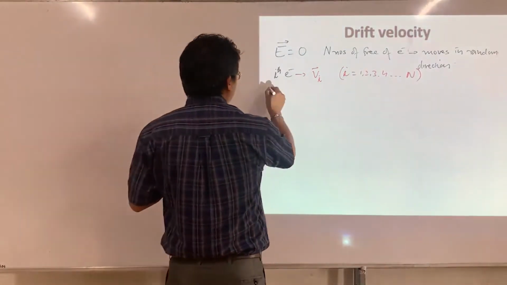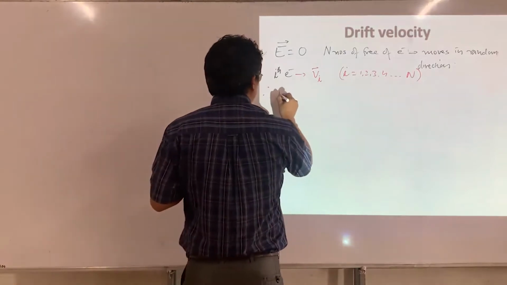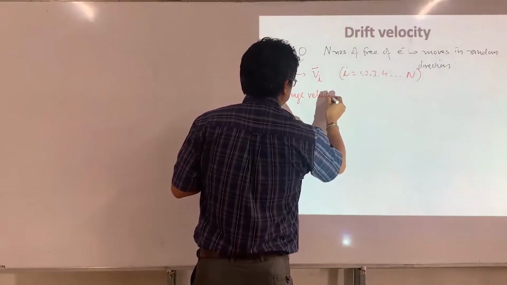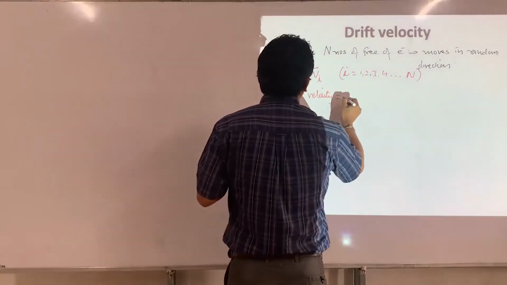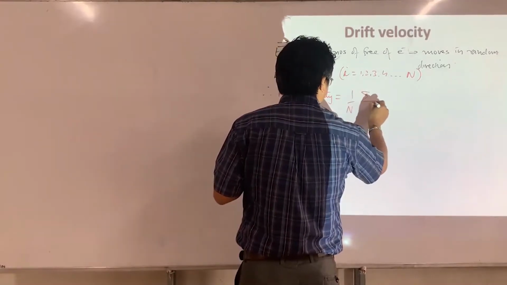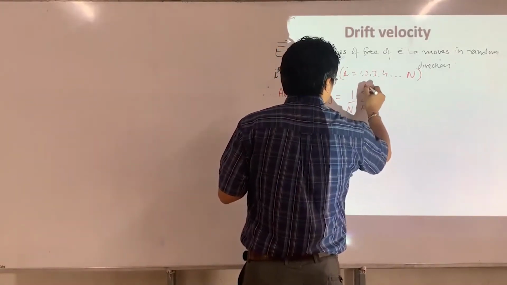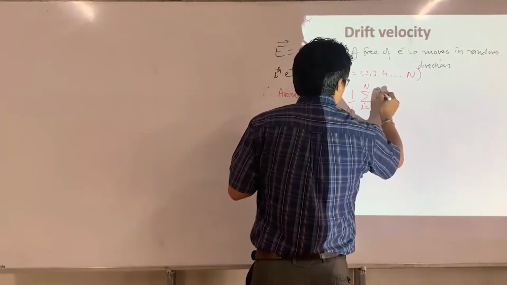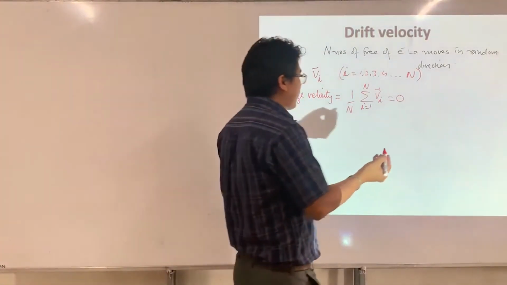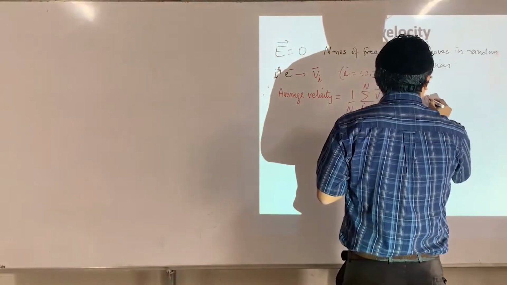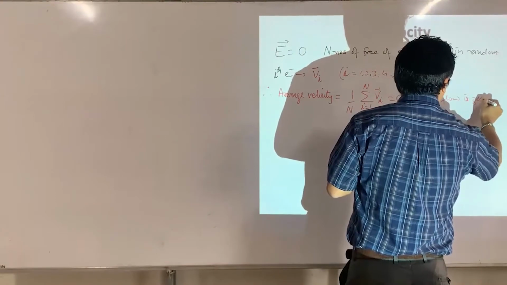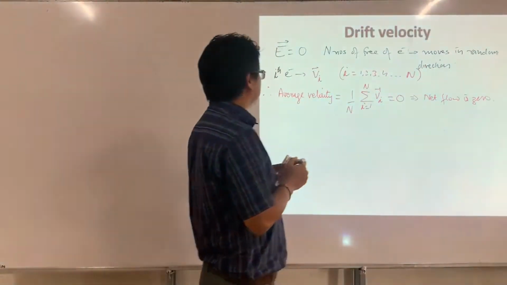Therefore the average velocity is 1 by n, the sum of Vi up to n, which is going to be 0. So the average velocity is 0 and the net flow is 0.